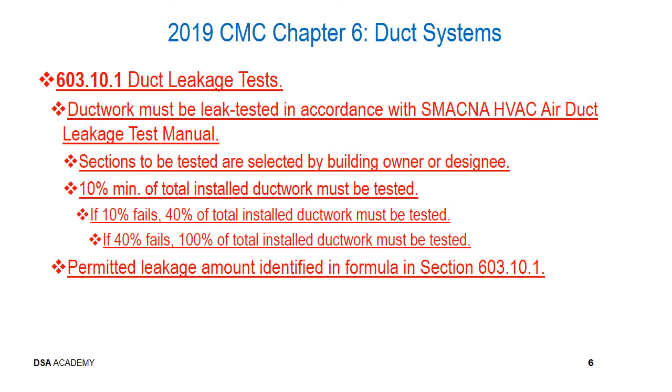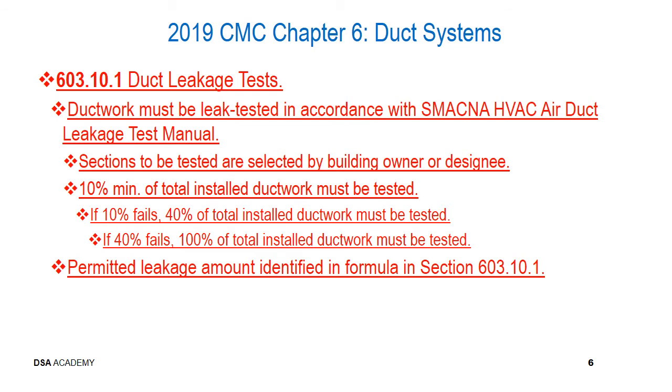There's now a section that addresses duct leakage testing, and the parameters are identified in the section 603.10.1. So the ductwork must be leak tested in accordance with SMACNA HVAC air duct leakage test manual. The sections to be tested are selected by the building owner or designee. There's requirements regarding the minimum percentage of ductwork to be tested.